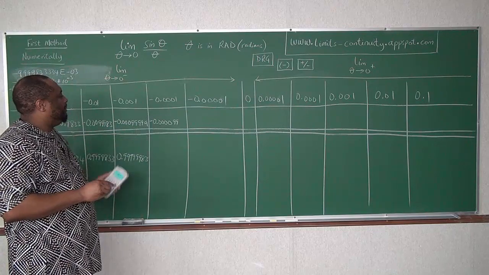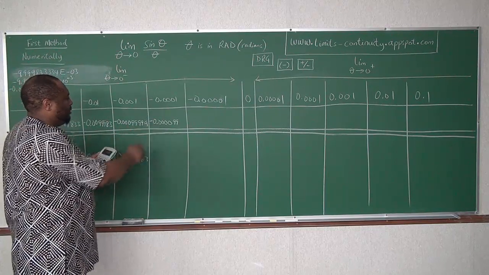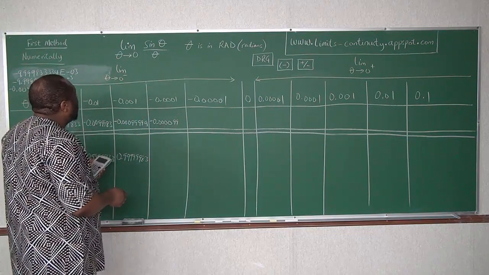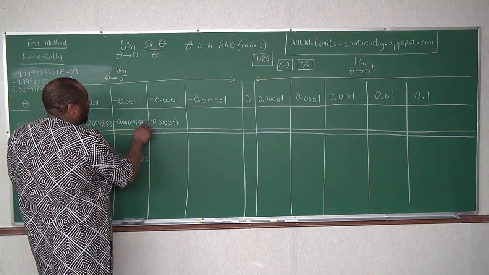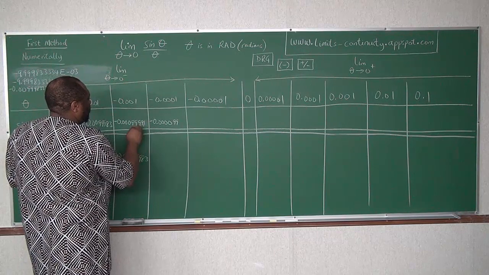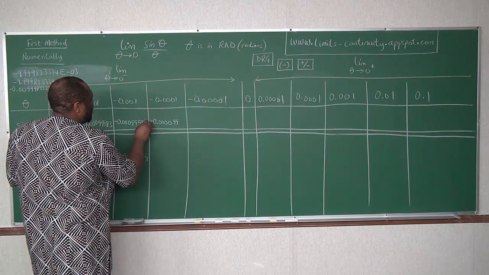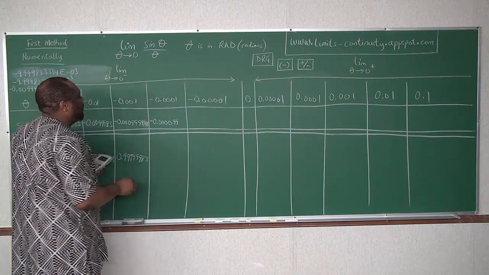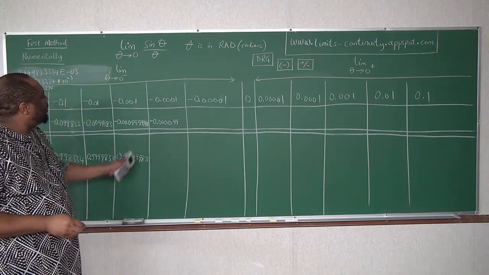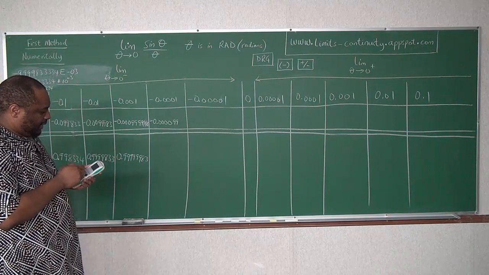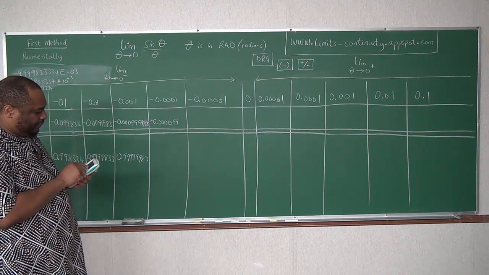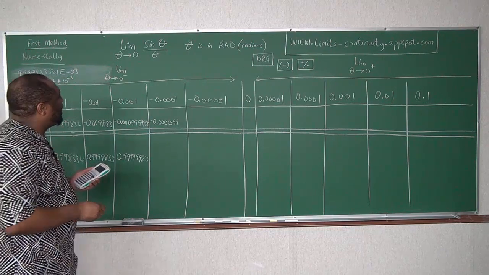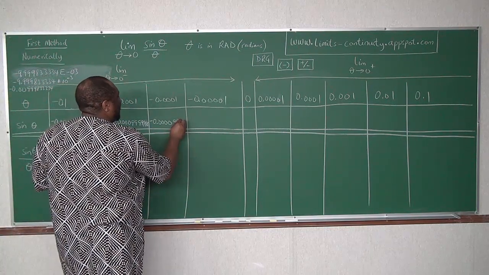6 nines, but I just stopped it early. Let me finish. 1, 2, 3, 4, 5, 6, 8. Okay, yeah, this is okay now. And this one is 8 nines.